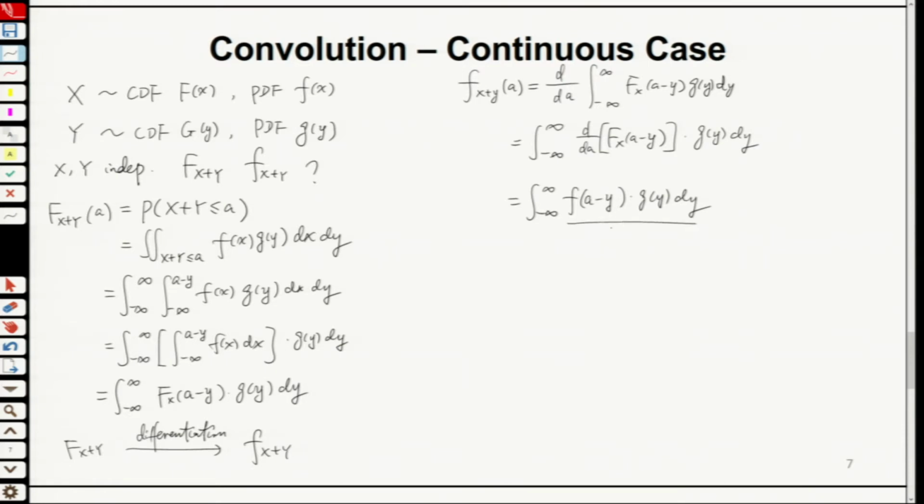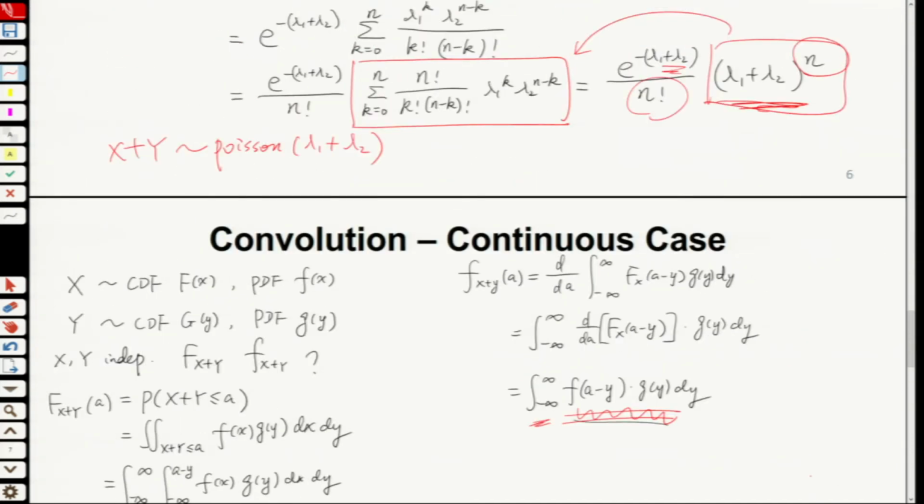Let's compare this function with the previous one. In the discrete case we have a summation, and in the continuous case we have an integration. In the discrete case we have a_j b_(n minus j), and here you also have y and a minus y, and you still multiply them together.